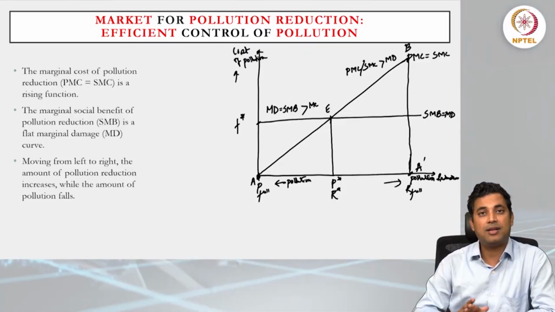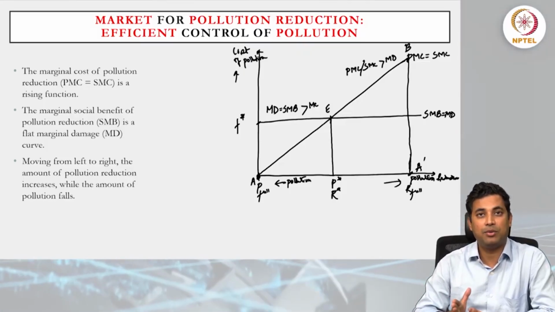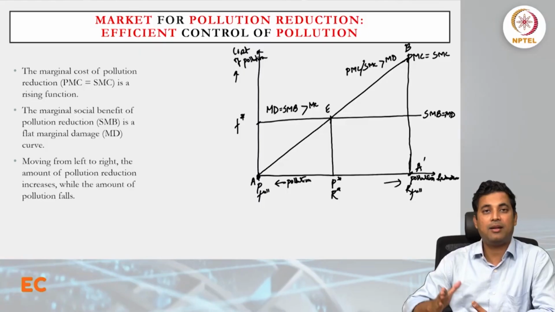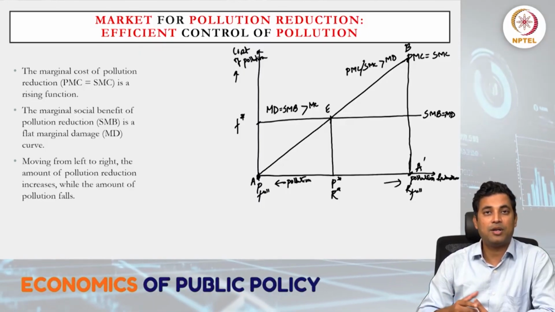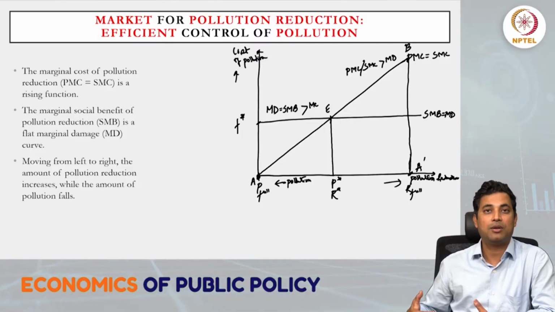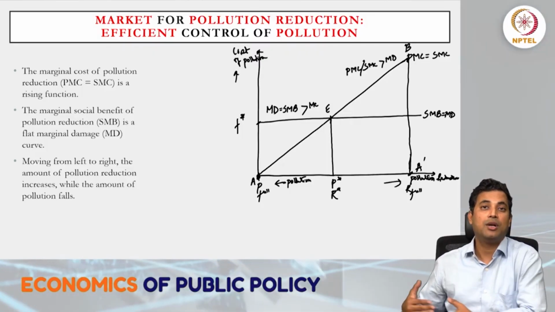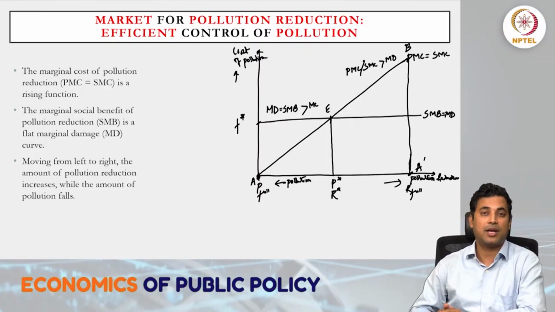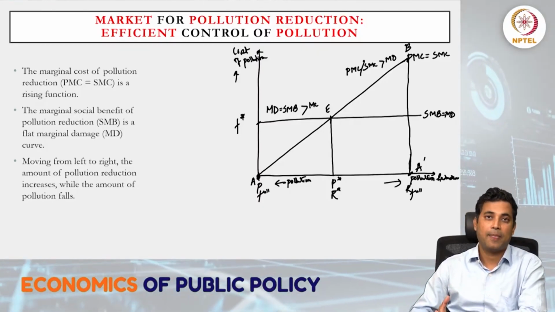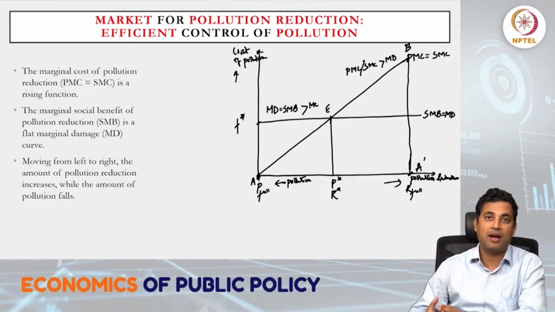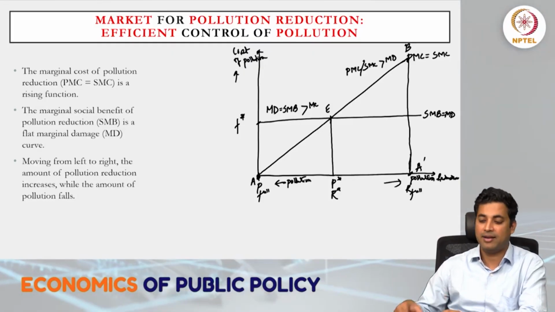So basically it's a check on pollution. The moment we cross that, the fine will be high, because the cost of pollution to the society, the economy, or the environment is much higher, and therefore the fine becomes very high.